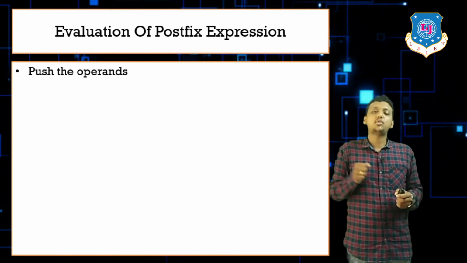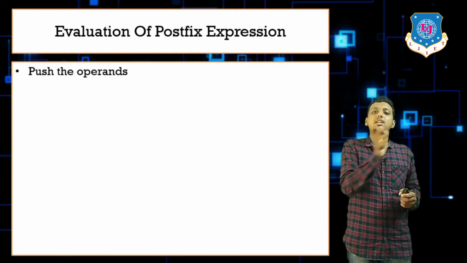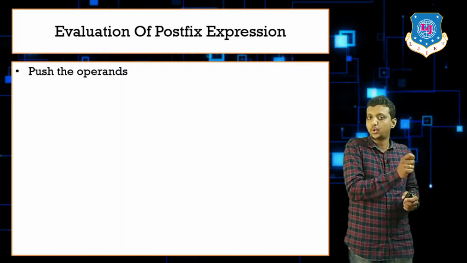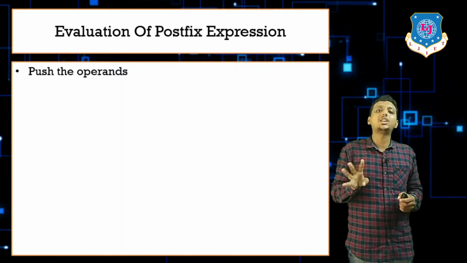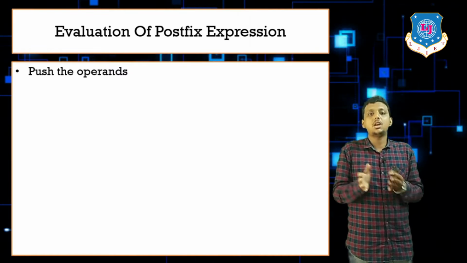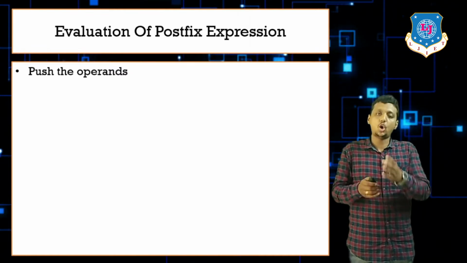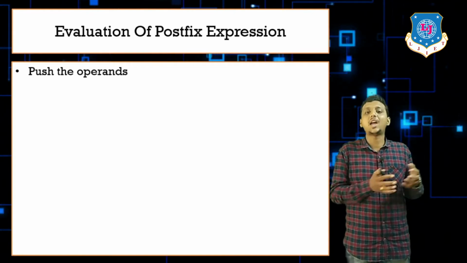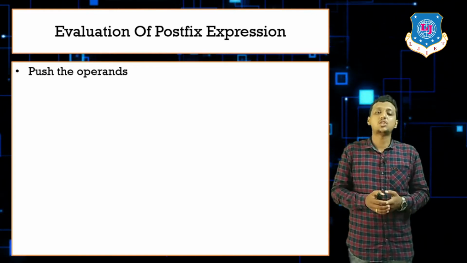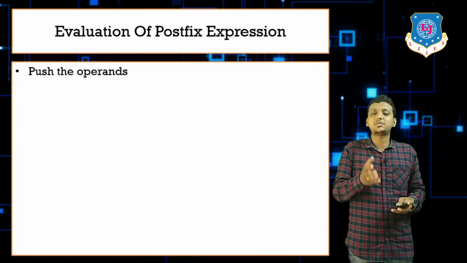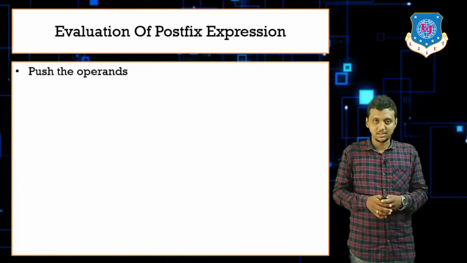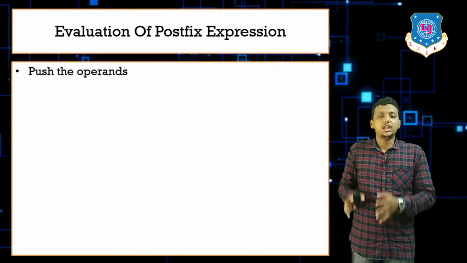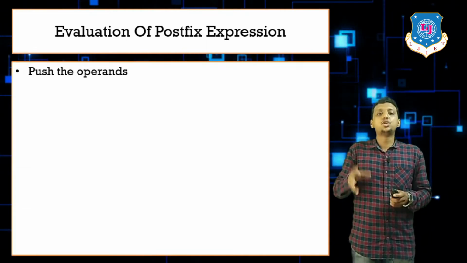If I am talking about 2 plus 3 minus 4, then 2, 3, 4, all three are operands, plus and minus are operators. You already know about it. The variables we have in the expression are known as operands, and operators are like plus, minus, division, star, anything else. So we first need to push operands.